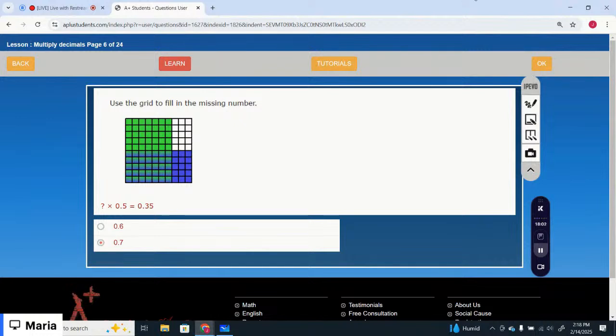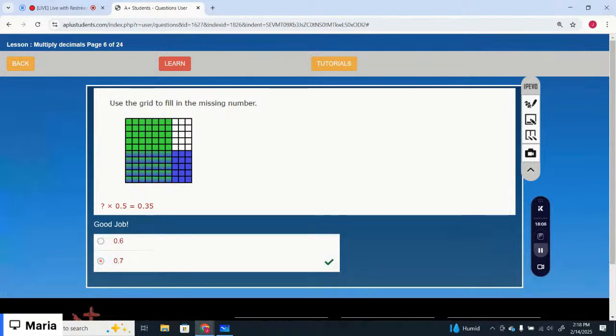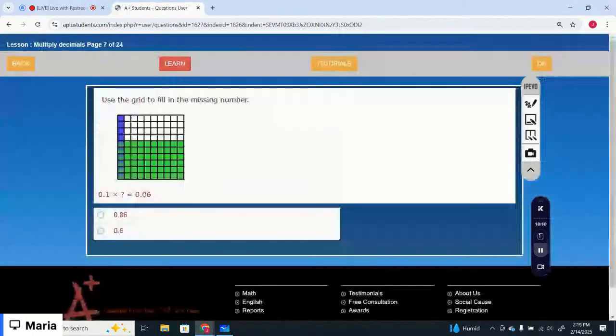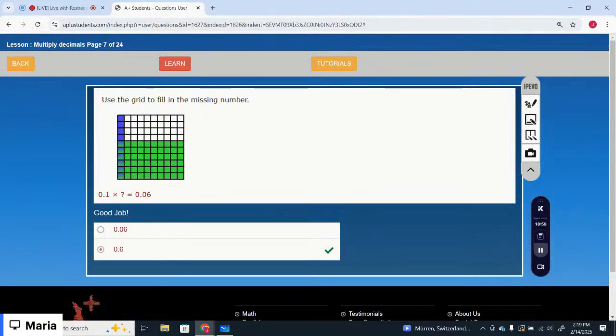That is 0.7. That is 0.6 times 0.1 makes 0.06.